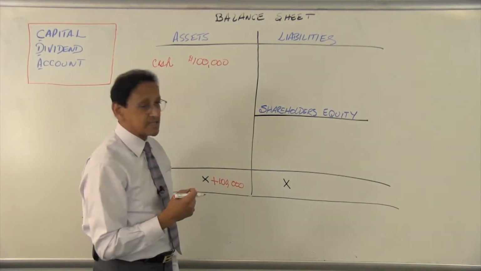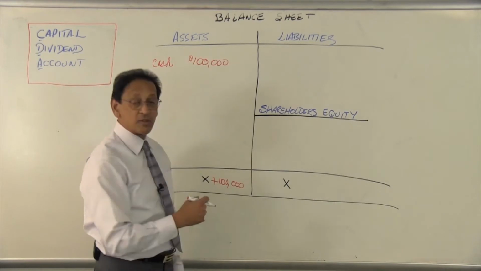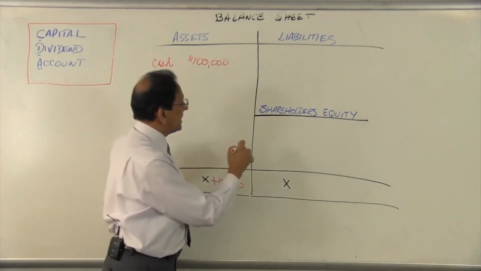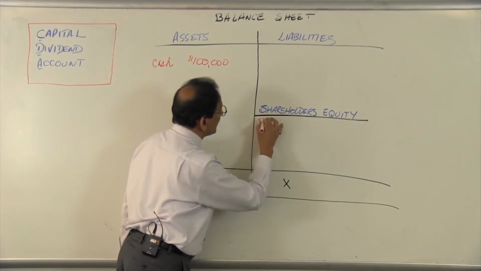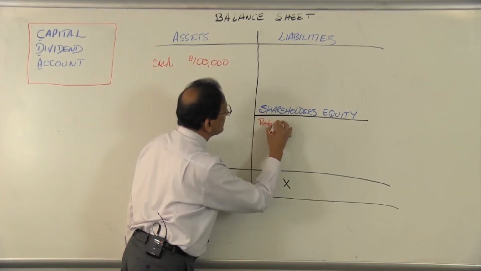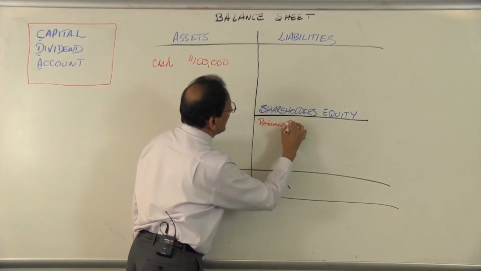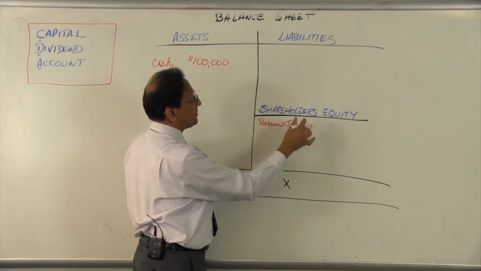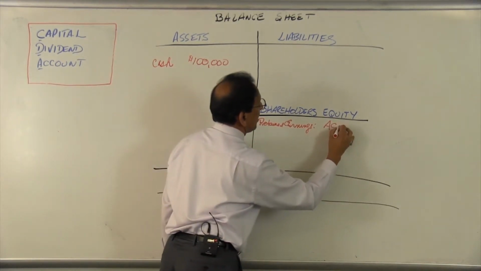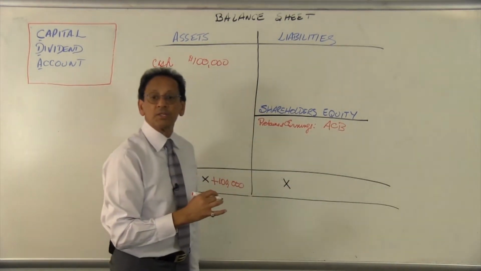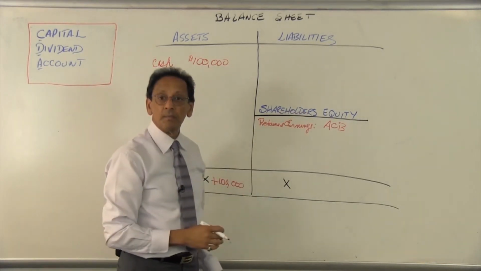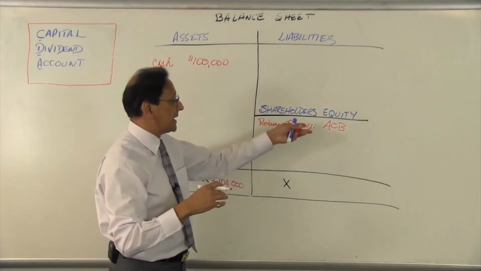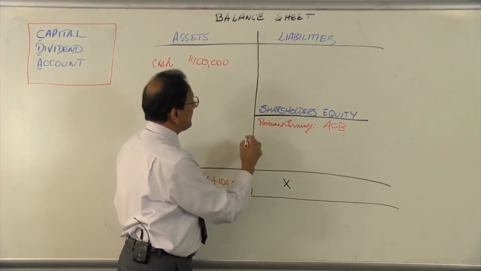Under the Act, the way you enter the accounting is that in the company's retained earnings account, you put back the adjusted cost base of the policy. You credit it there. And for the difference between the death benefit and the adjusted cost base, companies are able to set up a special account.